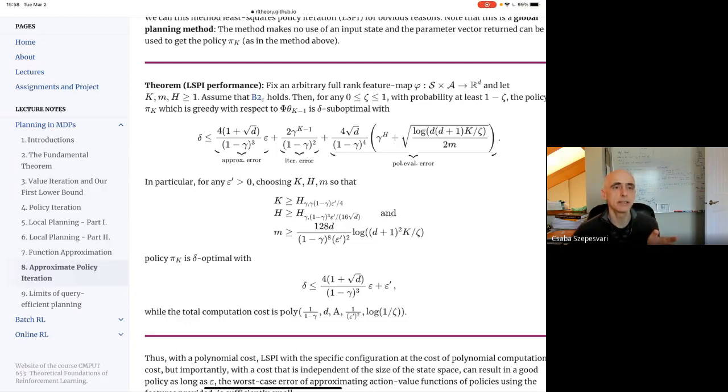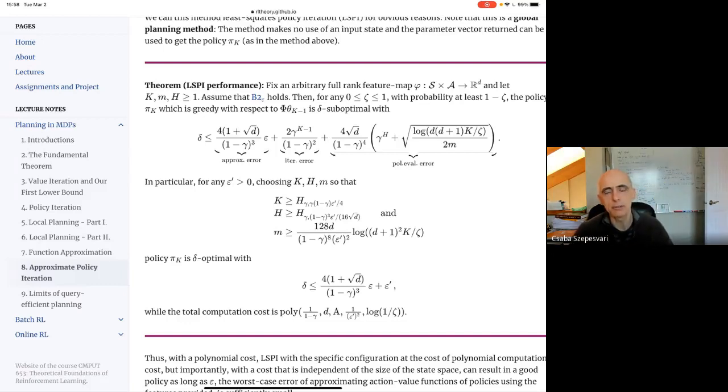But how about this other term, the 1 over (1 minus gamma) cubed term? We didn't have any argument that would have said that it should be there. Now, notice that our errors and all the value functions naturally scale with 1 over 1 minus gamma. That's the maximum scale.